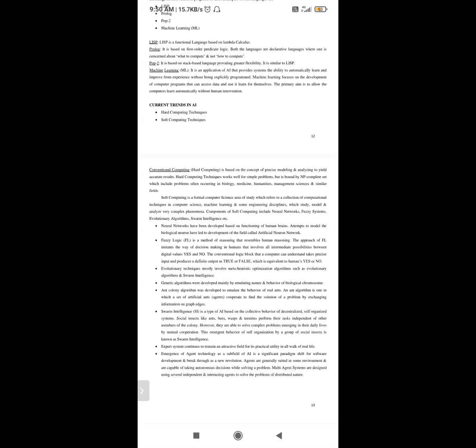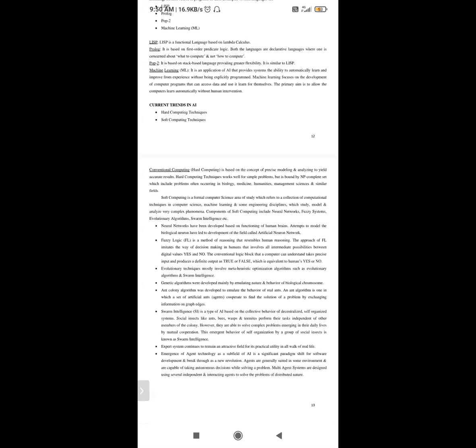Okay. And in computers, we can give the input to the computer, and the computer produces the output as true or false.